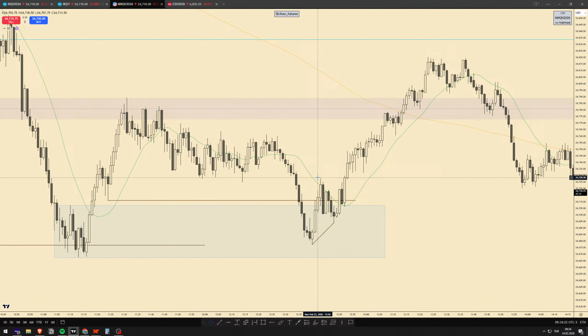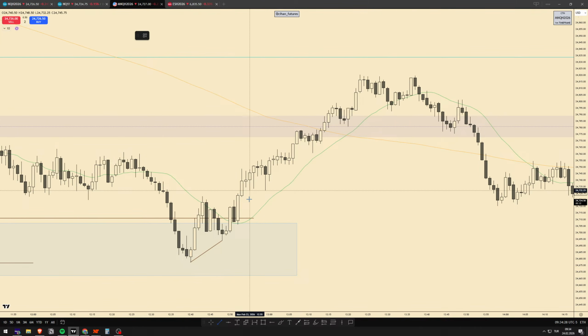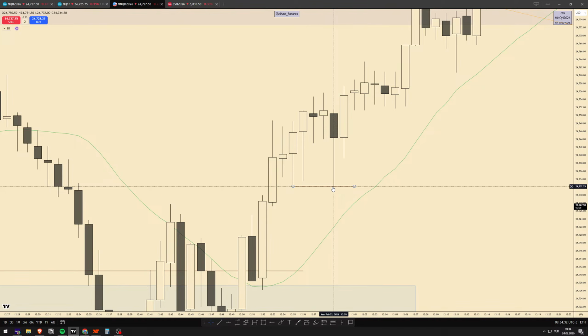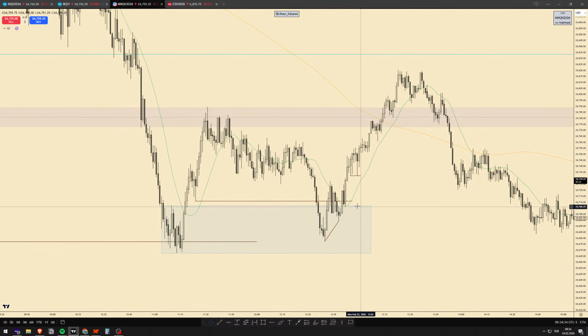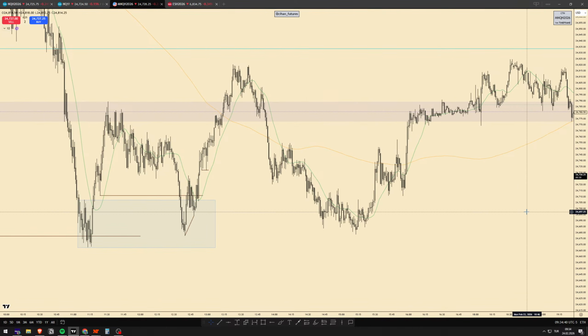Failed swing, close above this, that's a reversal. And this becomes another consolidation area and another fractal. Price just barely swept it and went back higher. These are some nice scalp opportunity examples.